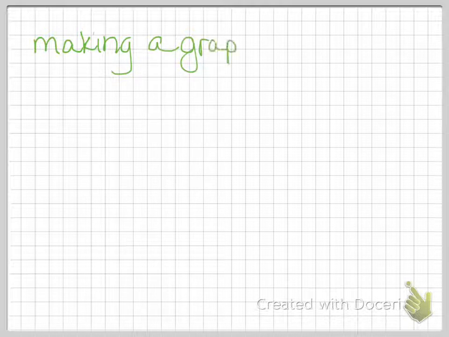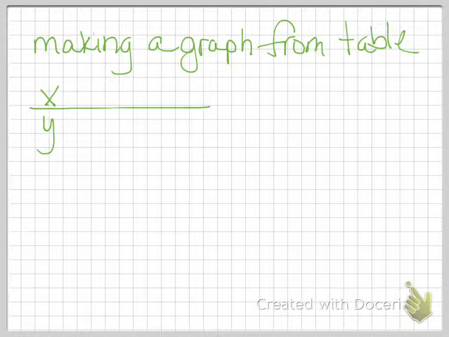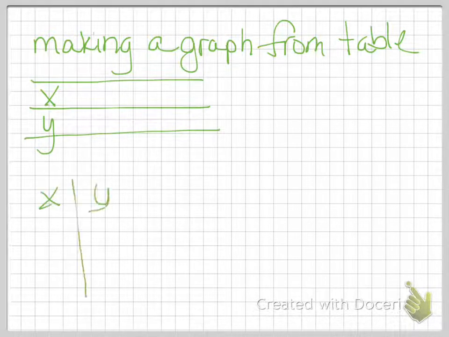They will also have problems where you need to make a graph from a table. And that's why you needed to know what those ordered pairs were. So if I gave you an X and Y table, an X and Y table can look like this. It can also look like this.